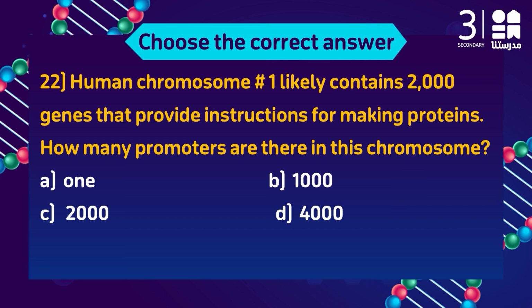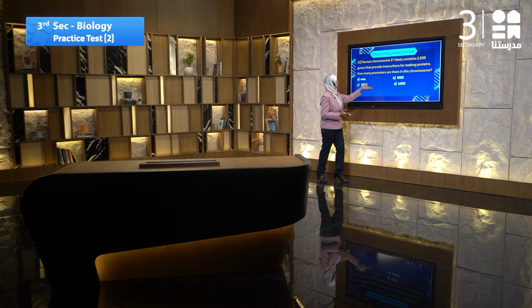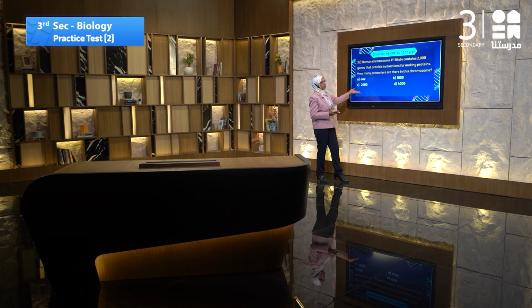That means all of them have a specific hereditary trait. How many promoters are there in this chromosome? Each gene is a protein, and each protein has one promoter. So 2000 genes with 2000 promoters.